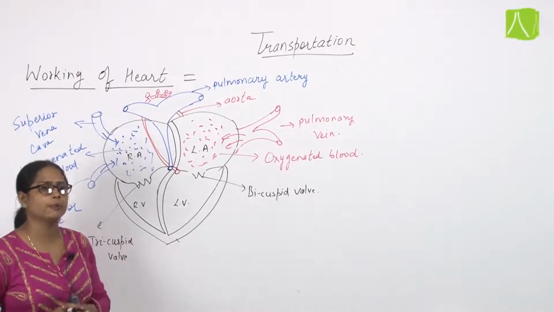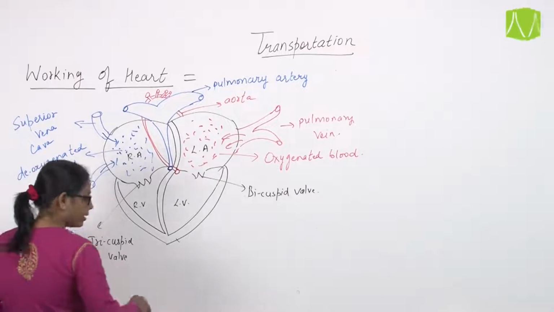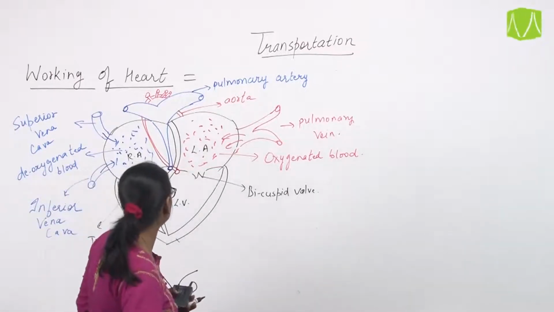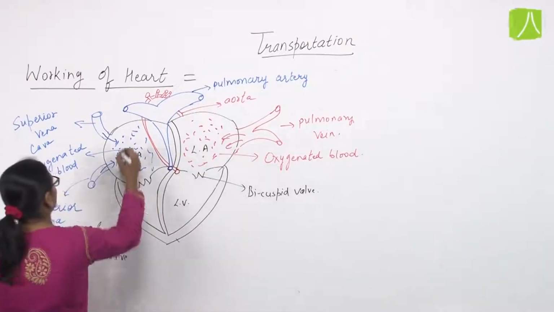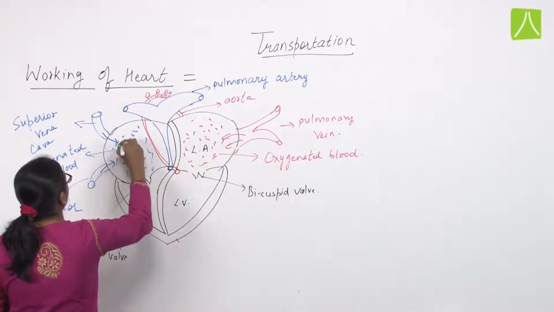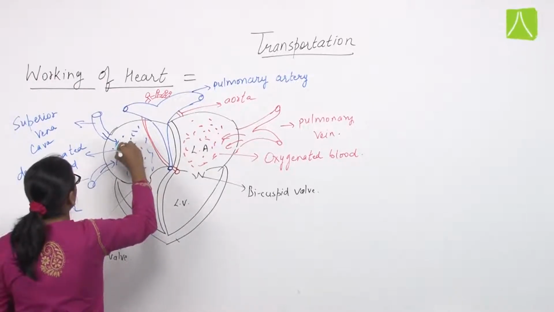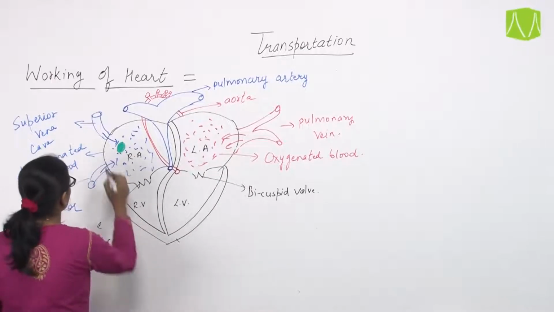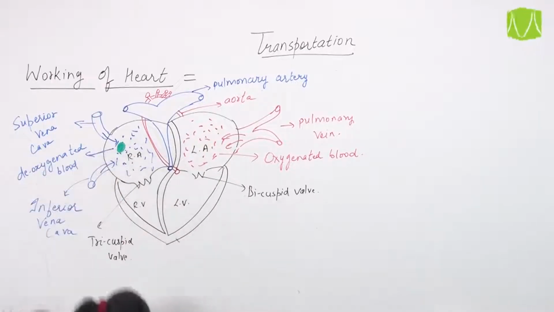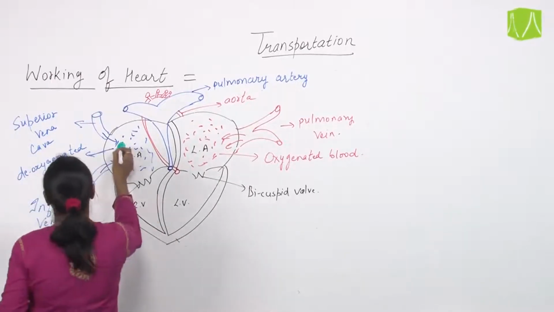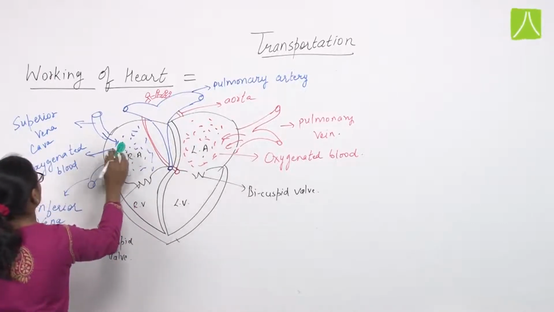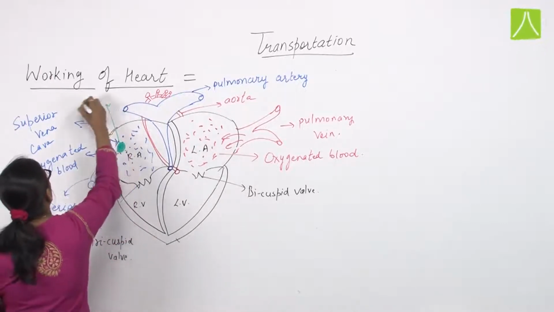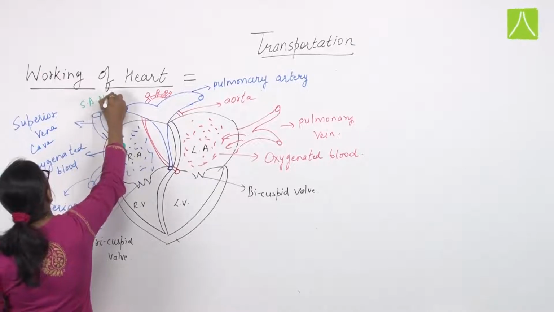How does it cause high pressure? Actually there is one more thing present in our right auricle: a certain type of neuromuscular fiber, that is the SA node.